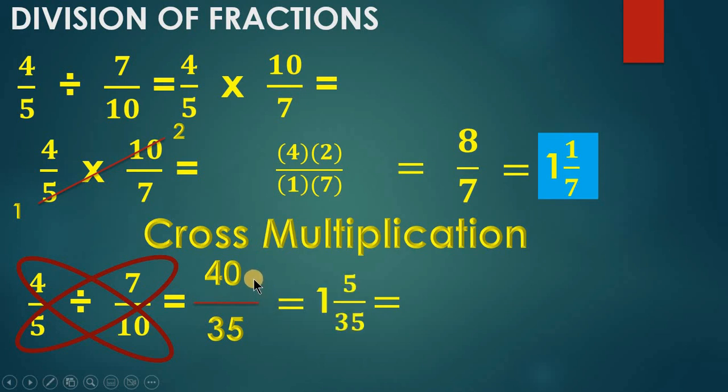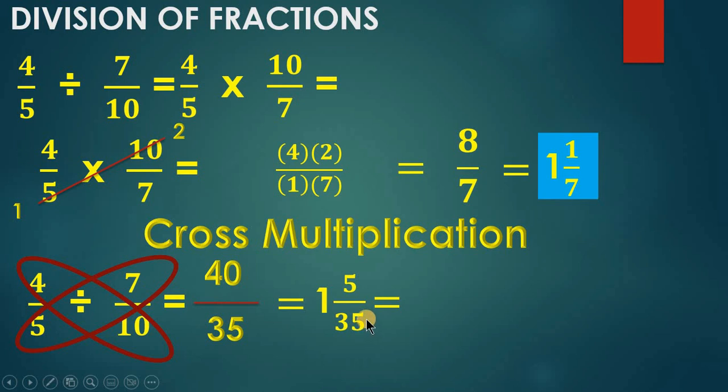Okay, so ano nga ba ang greatest common factor? Or shortcut na lang. So, ito. Ilan ba ang 35 sa 40? 1. Then, 40 less 35, that's 5. Then, syempre, kunin natin yung denominator, copy, 35. Then, dito, pwede pa siyang i-simplify yung 5 and 35.